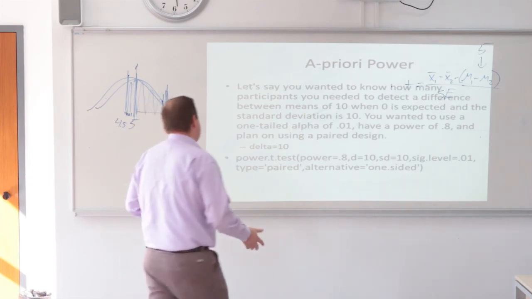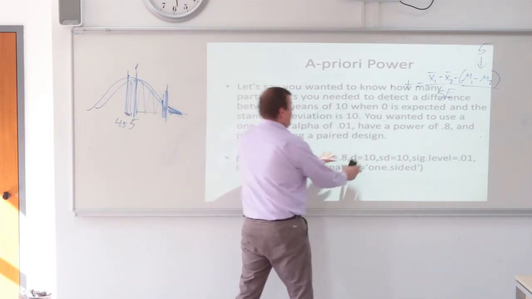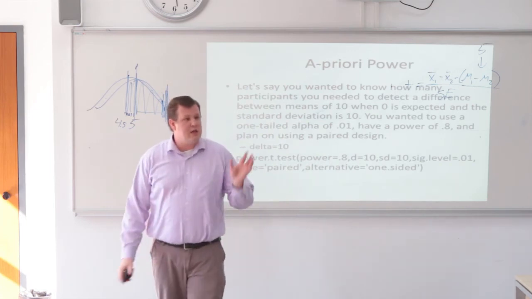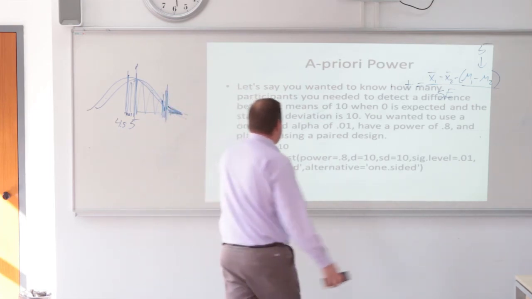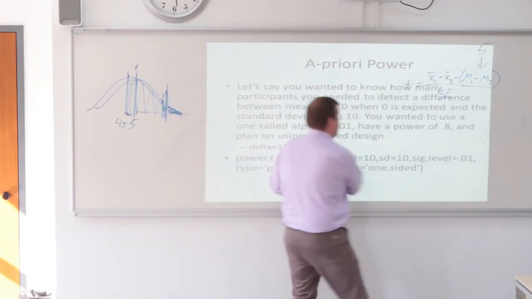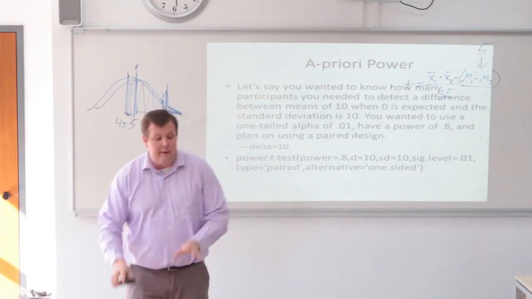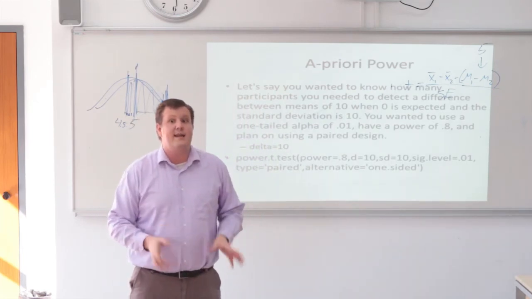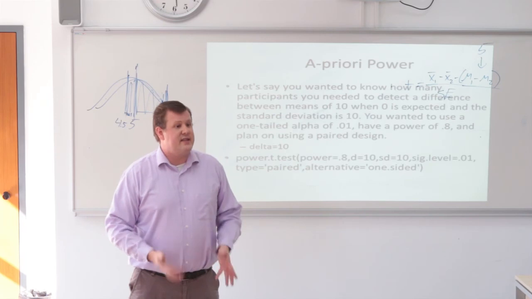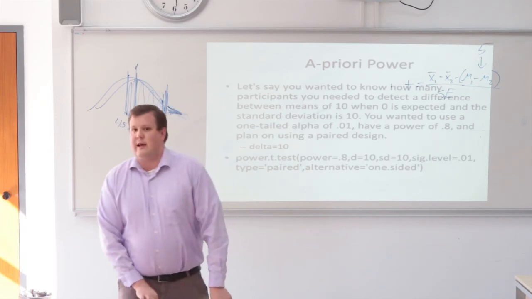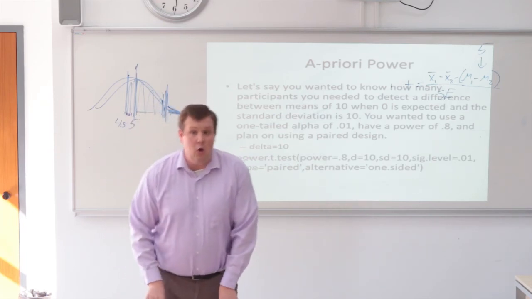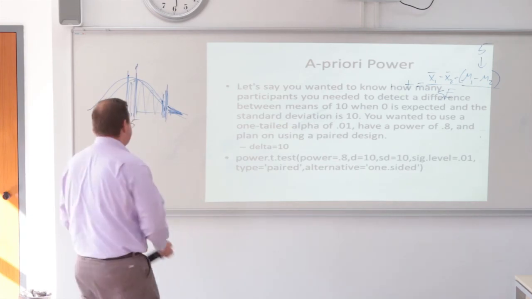Or actually, you could specify the power and n and leave out d. You can leave out one of these crucial pieces to calculating power and specify the power that you want instead and see what alpha level you need to use or how large your sample size needs to be.